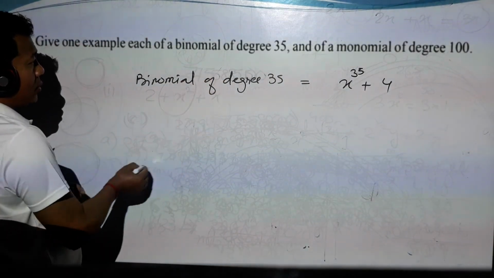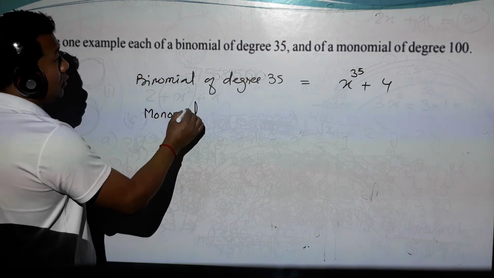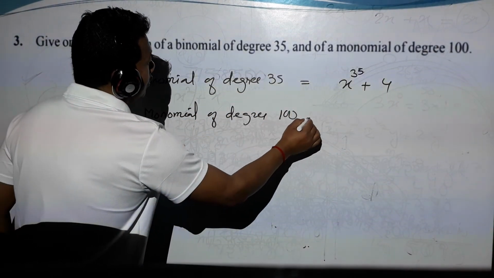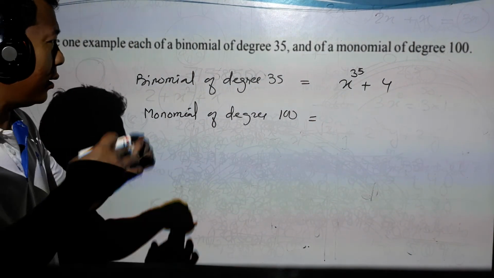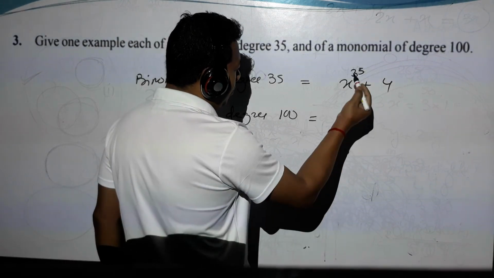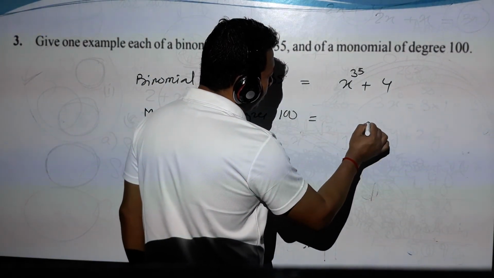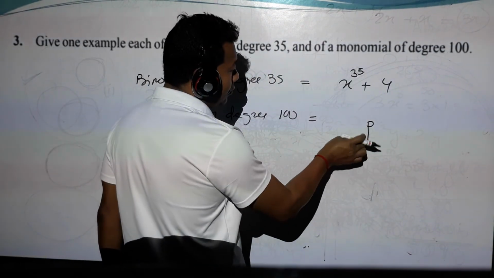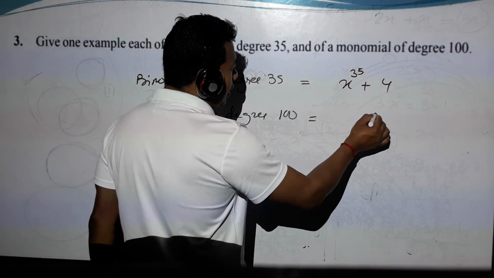Okay. The next question is a monomial of degree 100. When we say monomial, we'll have a single term. You can write any variable, say p, t, q, b, and so on. So let's write p, and put the power as 100.